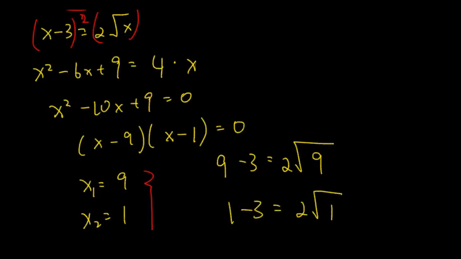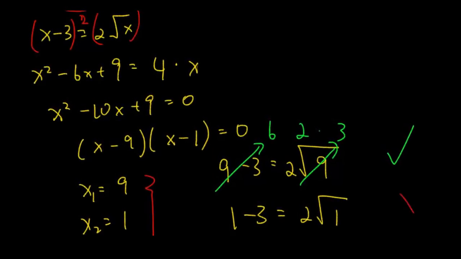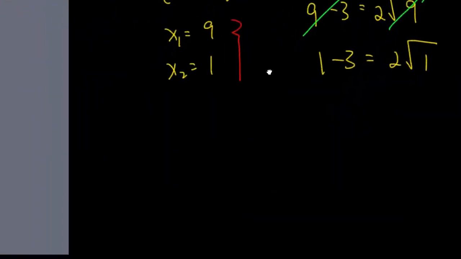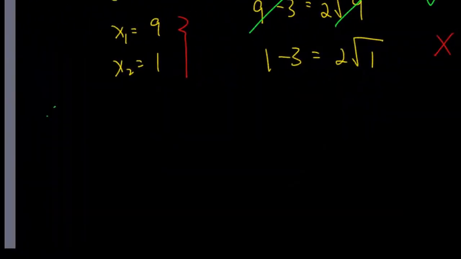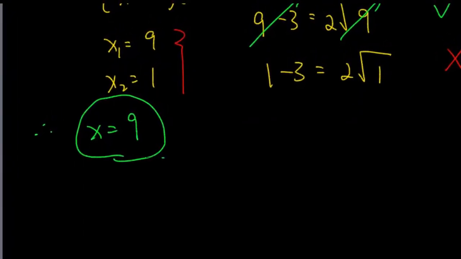So this would be 3, and 2 times 3 is 6. So this is 6. And what about this one? That is not equal to 6. So that is correct, but the other one is not. So therefore, x is equal to 9.